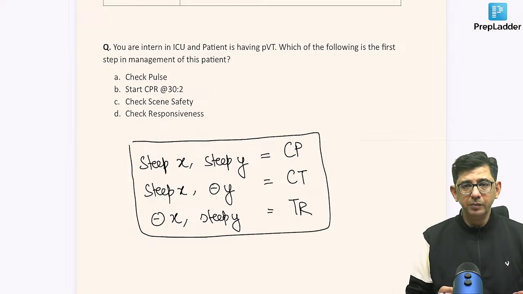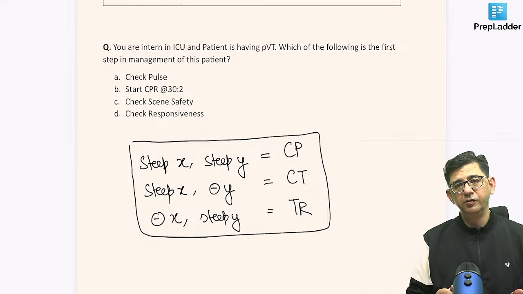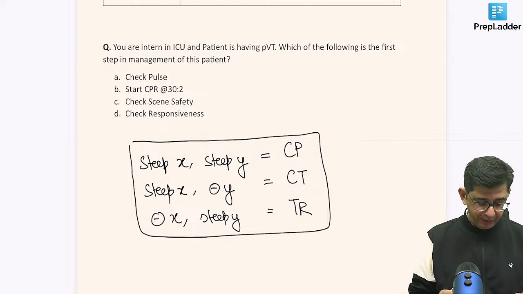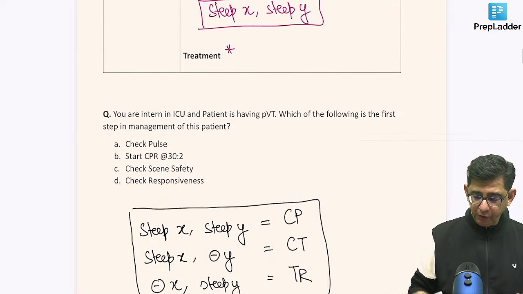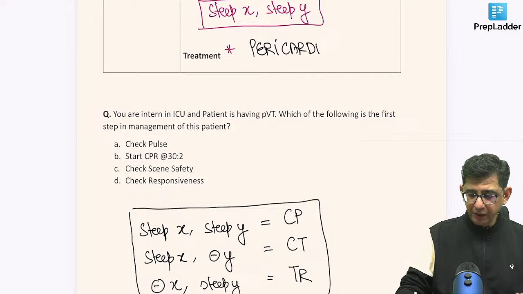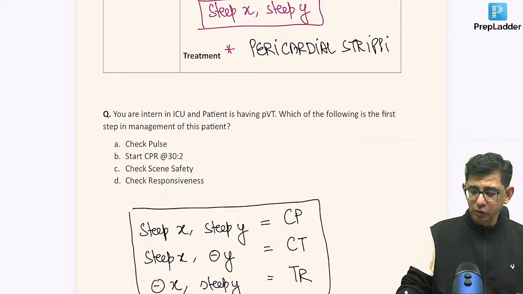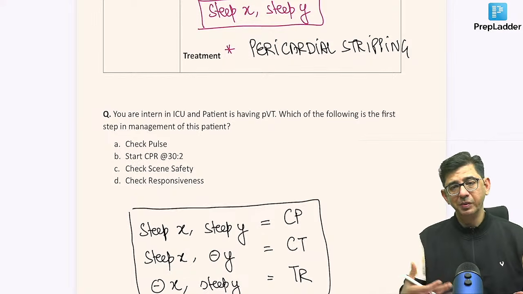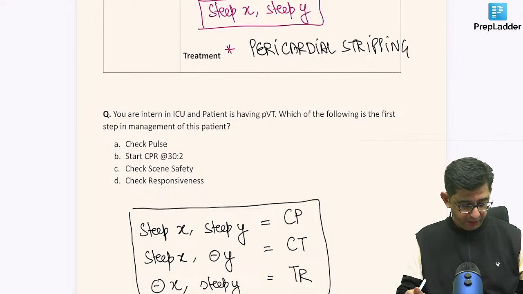If there's an absent Y मतलब filling नहीं हो रहा, that is tamponade, and if it is an absent X, that is tricuspid regurgitation. Okay, the treatment for this particular condition is pericardial stripping. तो थोड़ा देख लेना if he has asked you with respect to cardiac tamponade, or whether he has asked you to give your interpretation with respect to constrictive pericarditis.